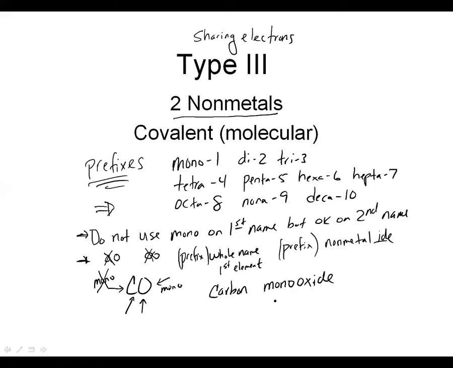Now if we left the O, it would be called carbon monooxide, and it's not really called that. It is called carbon monoxide. So we drop that extra O off of the prefix because we get the two O's backing up to each other.